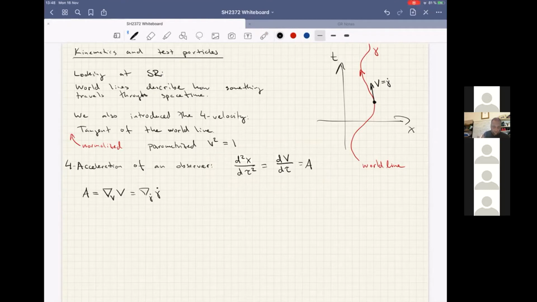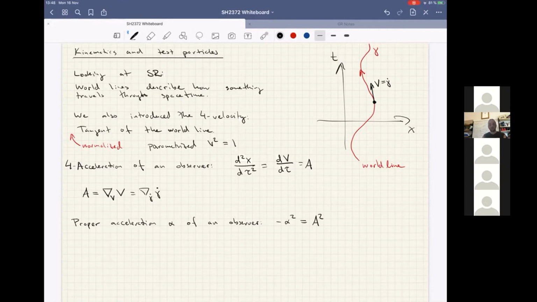So with that said, let's make another definition, which is the proper acceleration alpha of an observer. That's going to be given by minus alpha squared being equal to the square of the 4 acceleration. The proper acceleration is the acceleration that an observer will feel.